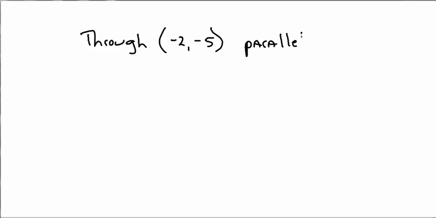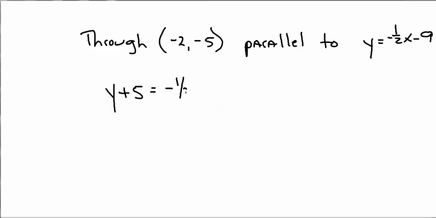So if you're asked for the equation of a line that went through -2, -5, parallel to y equals -1/2 x minus 9, your line would be y plus 5 equals -1/2 times x plus 2.